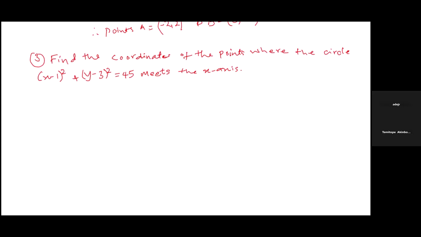Are you sure? What did you do to arrive at that? Or is it x squared minus 2x minus 34 equals 0? Minus 35. That's what it should be. What did you do? You substituted. Oh, my bad. Yeah, I see where I've gone wrong.